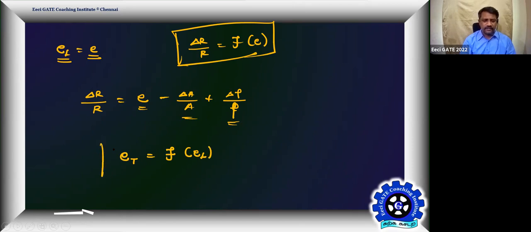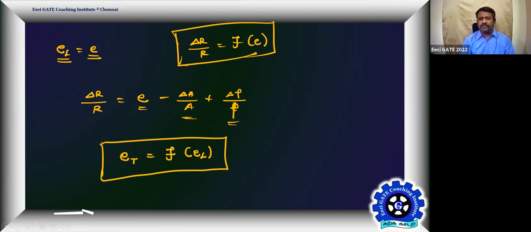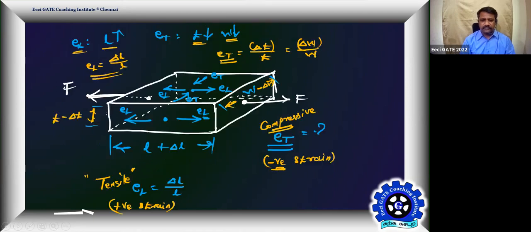Anyone? What is ET as a function of longitudinal strain? Assume the metal block has a Poisson's ratio of mu. What is the symbol?